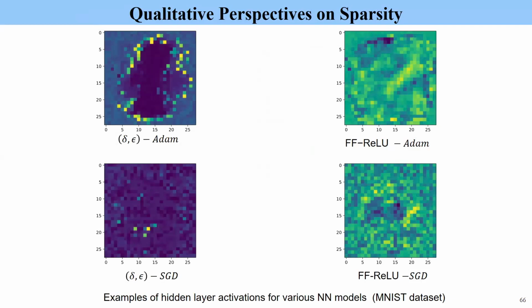And here are some images that may throw some light on why this happened. We trained them both using stochastic gradient descent as well as Adam. And we found that if you compare the left column with the right column, when you train these morphological perceptrons, very few nodes are active.